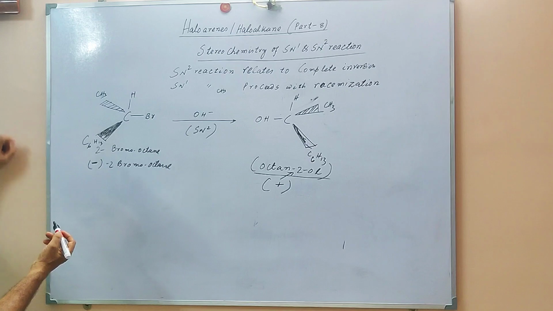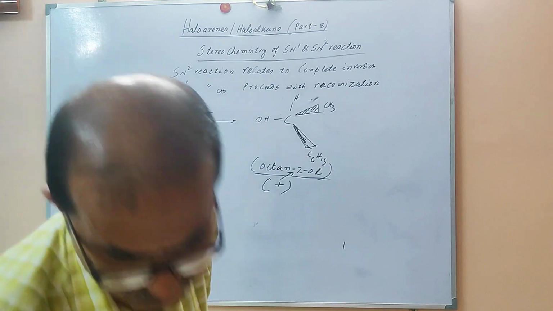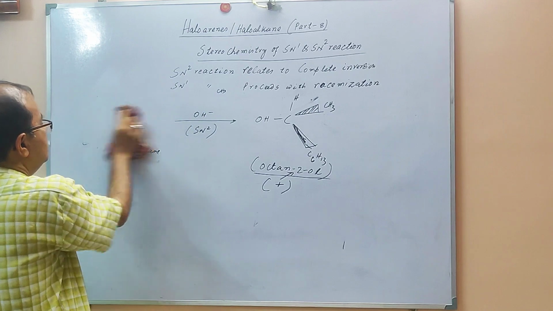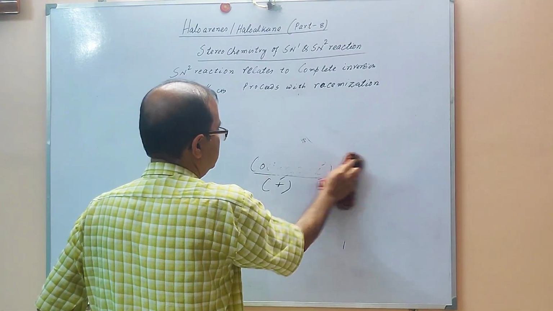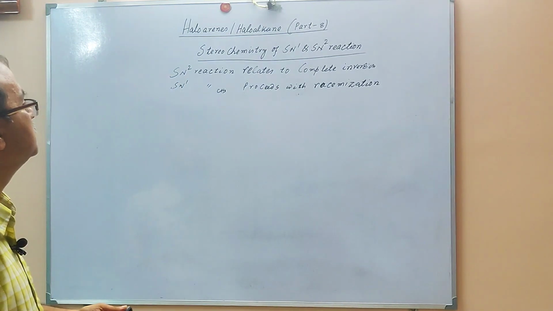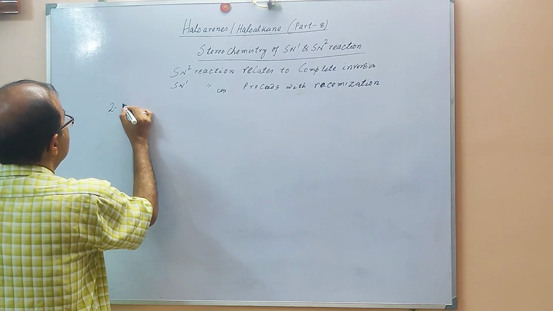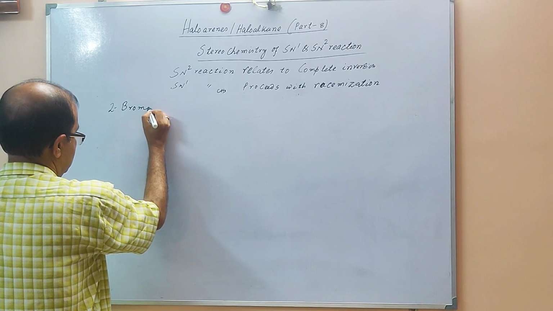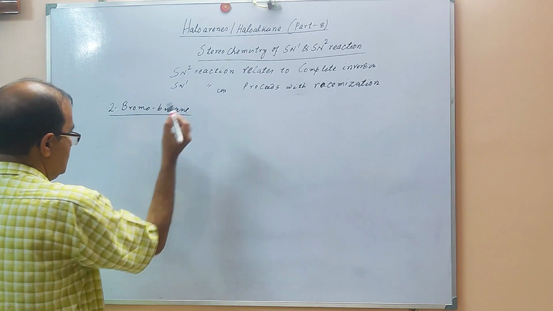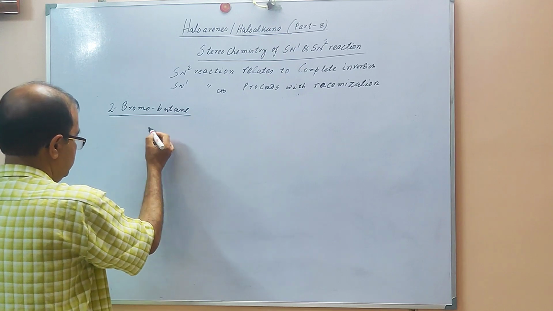Now the Sn1 reaction proceeds. In the Sn1 reaction, as for example 2-bromobutane, the structure of this compound is like this.